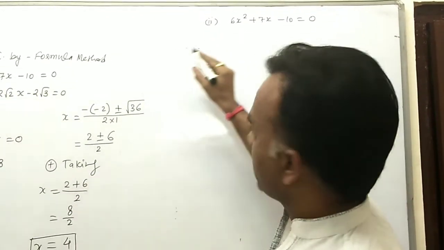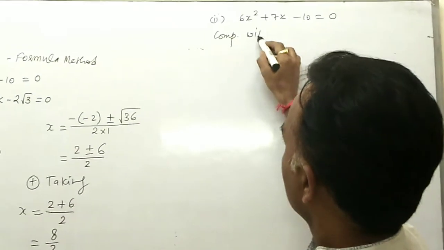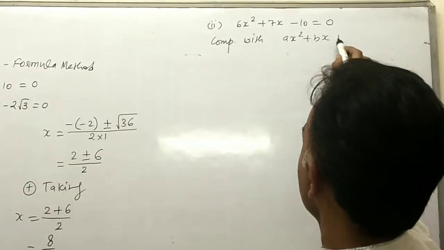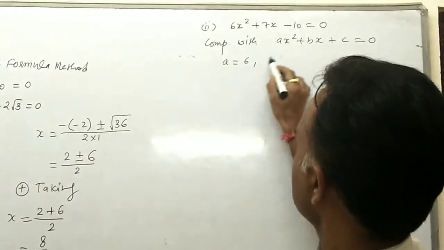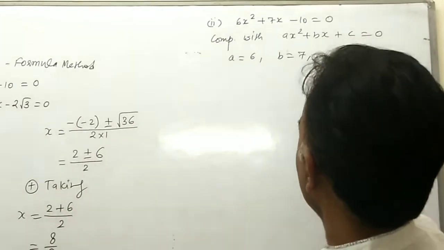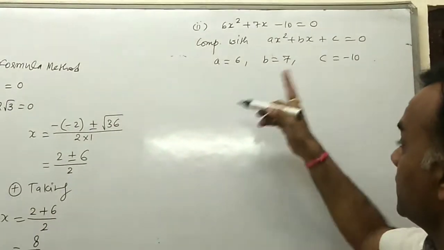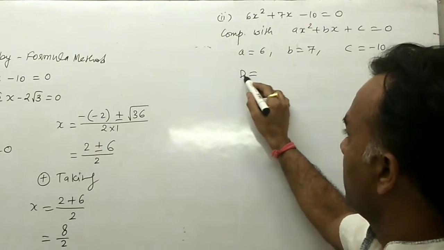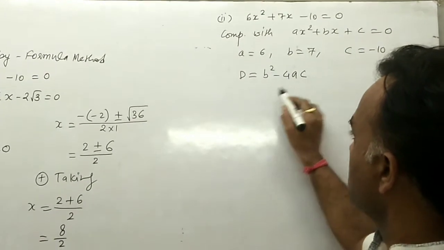Now directly write down, compare with the general equation ax square plus bx plus c equal to 0. So we have the value a equal to 6, b equal to 7 and c equal to minus 10. This is the basic method: first you take out the values of a, b, c and then you put them in the formula for the discriminant. The discriminant formula is b square minus 4ac.